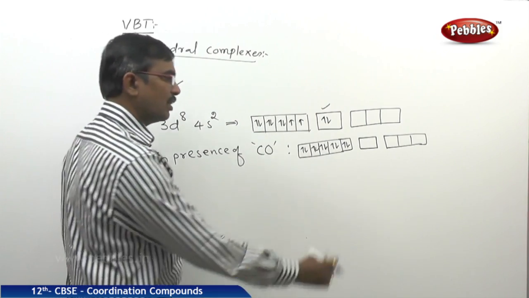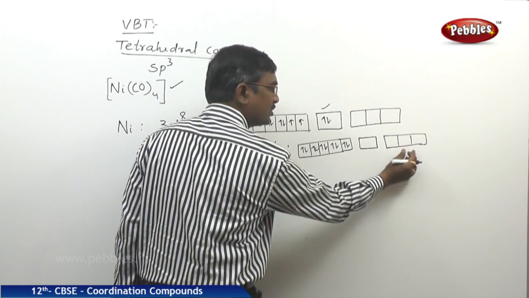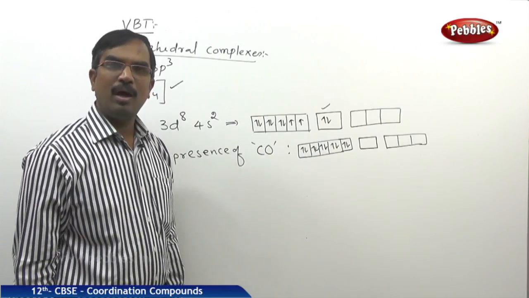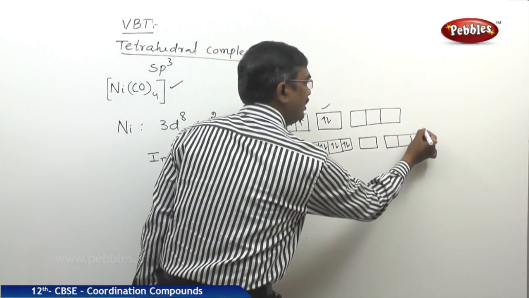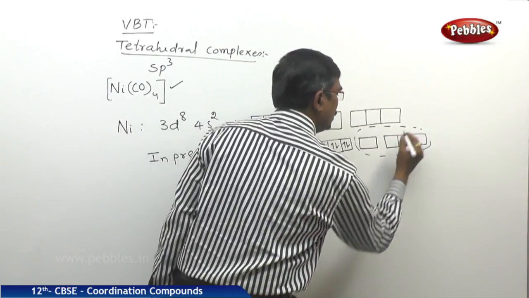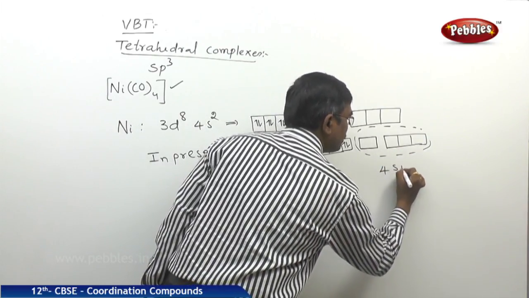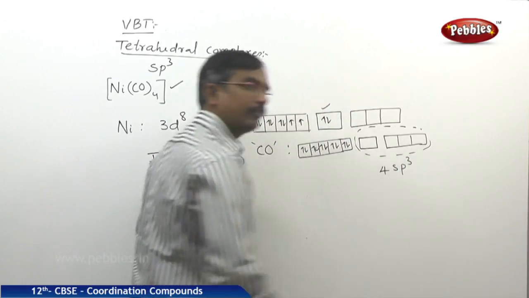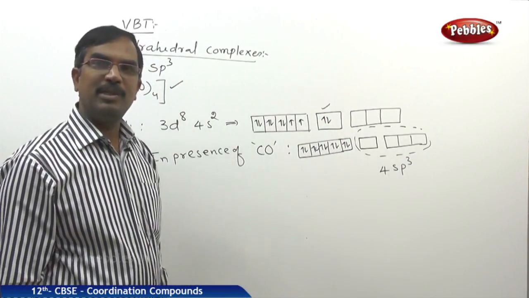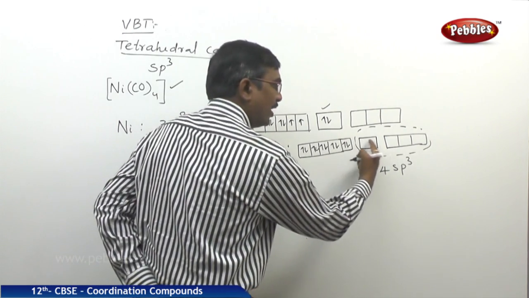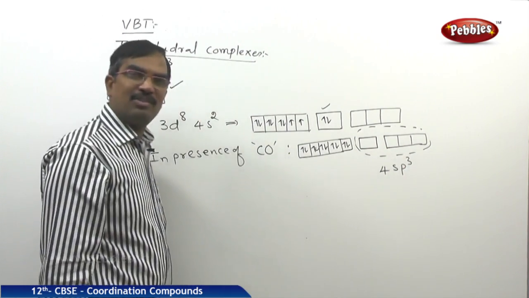So totally we have 4 orbitals, the 4s and the three 4p. Now these will undergo hybridization to give a total of 4 sp3 orbitals.